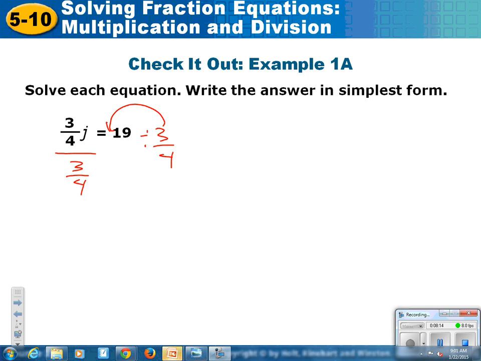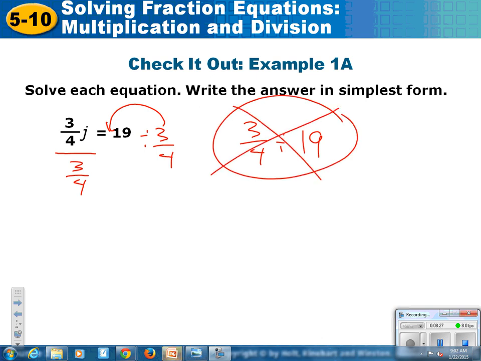And so they have this problem where they have 3/4 divided by 19. You cannot do that. You have to put that divided by 3/4 on the end. Don't do that, because you will end up with an answer that is incorrect.